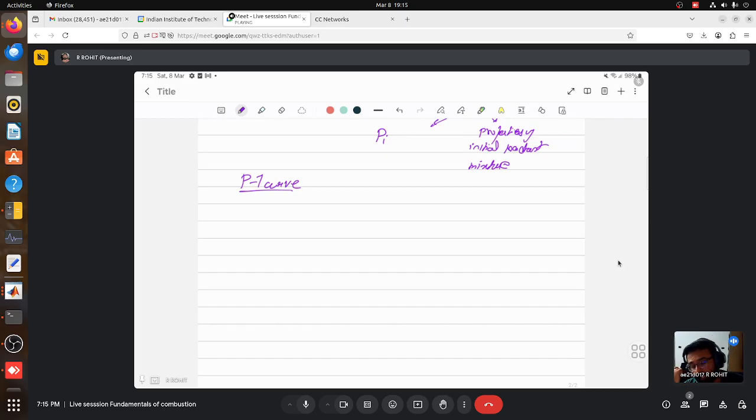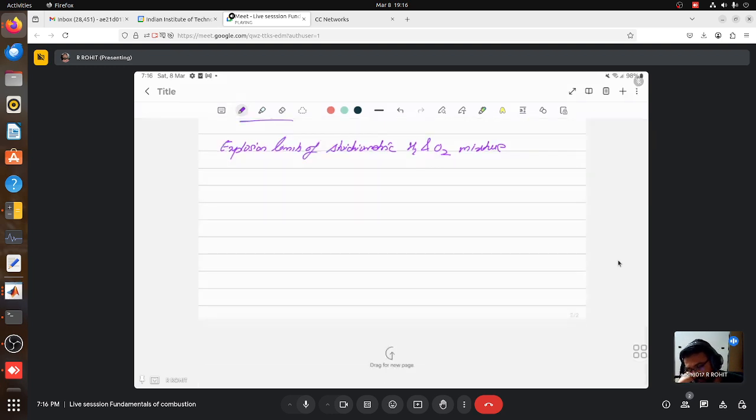Now a standard one that you need to remember is the explosion limits of the stoichiometric hydrogen and oxygen mixture.